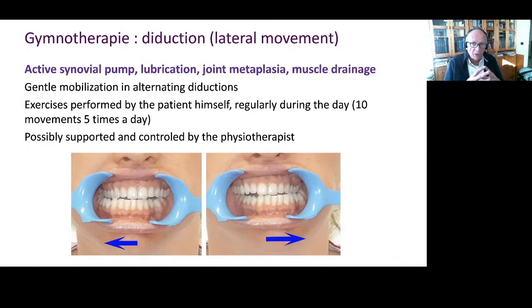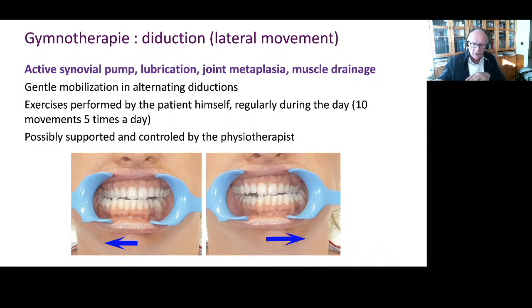What type of movement for the jaw, for the mandible? The best movement is the lateral movement, because during opening and closing, there are forces, and the patient does this movement too strong, too quick.